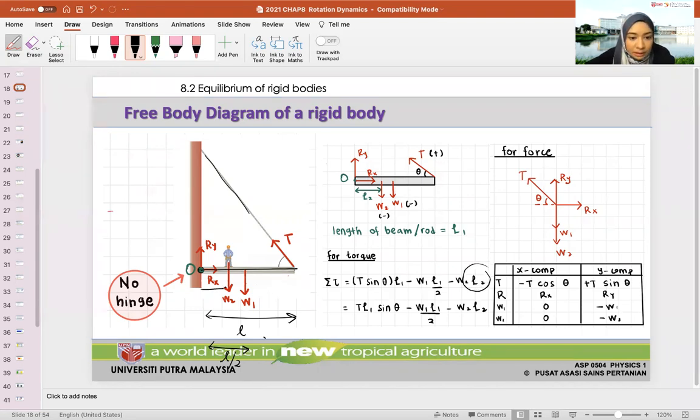Since we have L2, we have to distinguish the regular length from this length. So we're going to call this L1, and this is L1/2. So L1 is the length of the beam, L1/2 is the radius of the weight of the beam, and L2 is the radius of the guy standing on the beam.